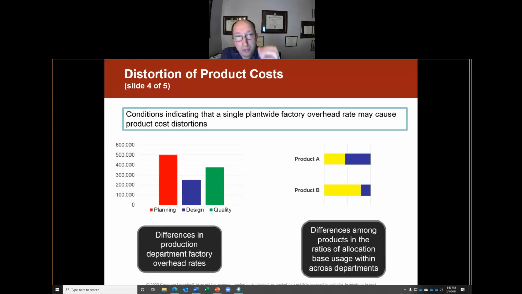Okay, a couple of things to consider with this method. The cost can also be distorted in a couple of different ways: planning, design, quality. These are differences in the production department factory overhead rates.